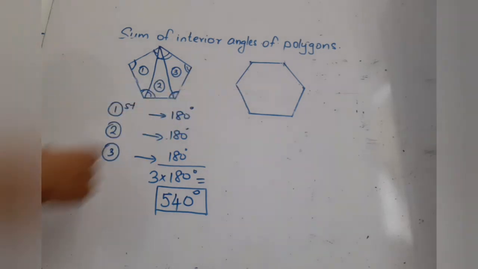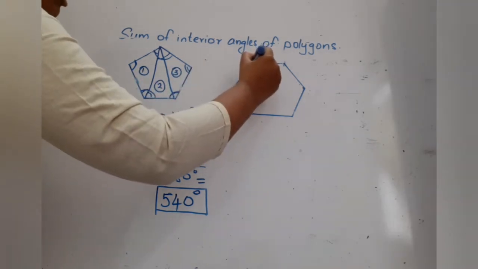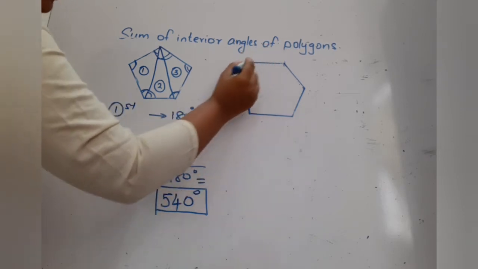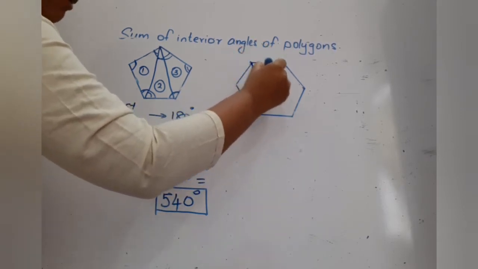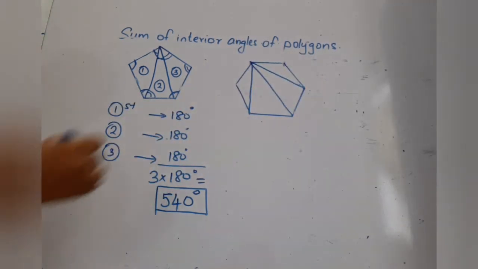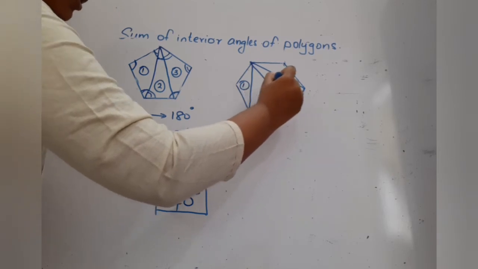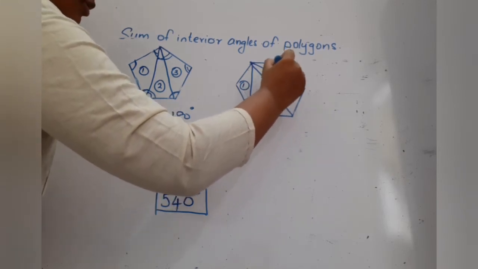Similarly, let us find it for this hexagon as well. First, let us separate this into triangles. From one vertex, I am joining it to the other points. Now, how many triangles have we got here? 1, 2, 3 and 4.